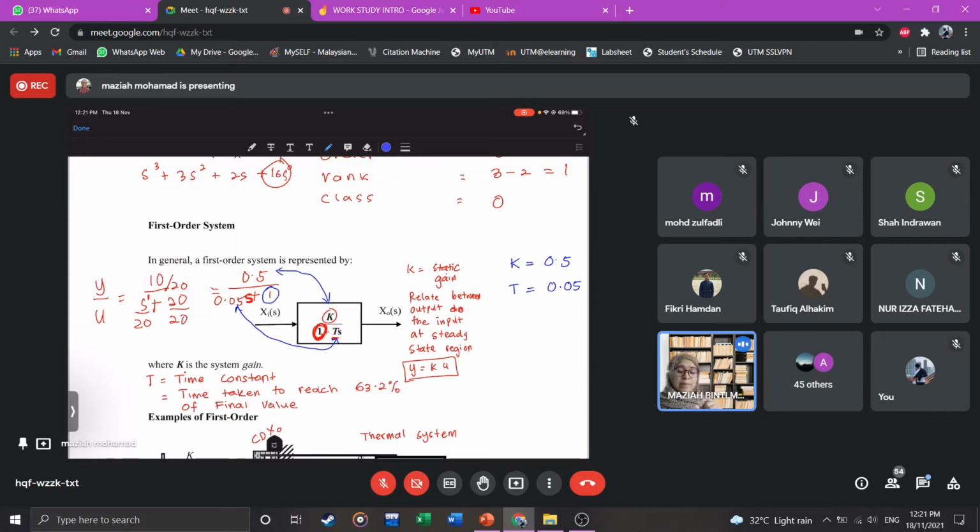The most important parameter between K and T is T. For the first order system, T is very important because T is used to explain how fast the output responds to the input.